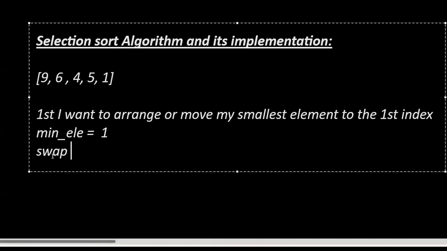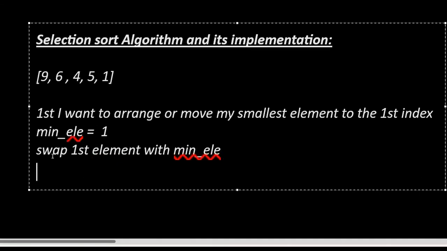I want to swap the first element with the minimum element, so my list will become 1, 6, 4, 5, 9.